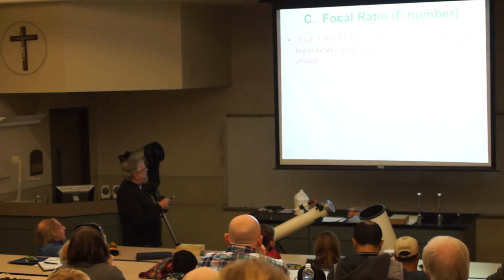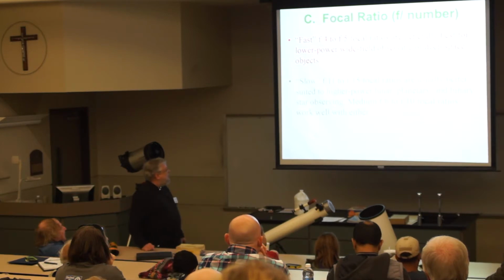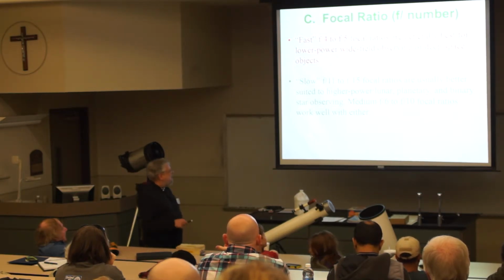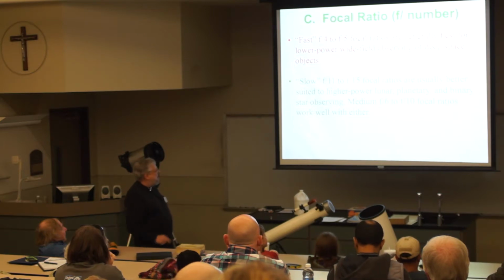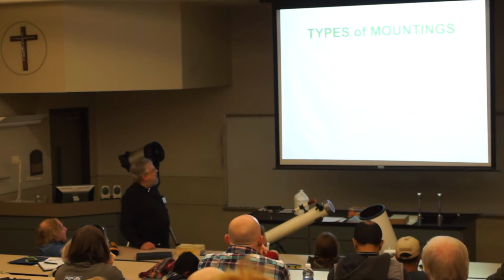The ones that are faster are generally better for wide field viewing of dim objects like galaxies and nebulae. The slow ones are good for high power, things like moon, planets, double stars, so on. And the ones in between, f6 to f10, are pretty much middle of the road, will work either way.